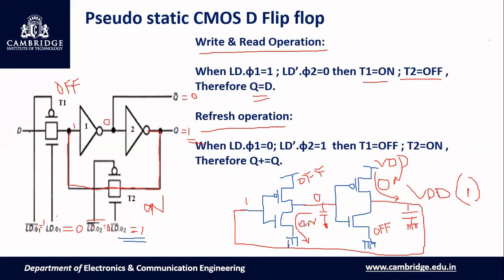If NMOS is on, whatever charge you have in the output capacitor will be discharged. When we apply logic 0 to the gate of PMOS, PMOS will be on. When PMOS is on, it will charge the output capacitor up to VDD. That VDD is applied here. And when we apply logic 0 to the gate of NMOS, NMOS will be off. So when NMOS is off, it cannot discharge. This is a very important concept.